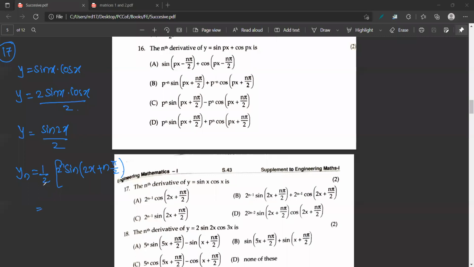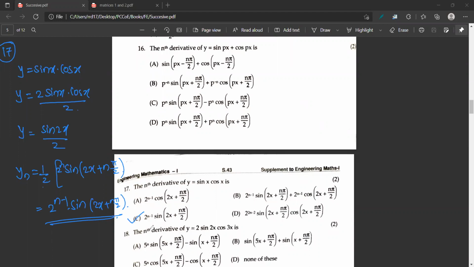So 2 raised to n means there is a 2 in the denominator. So 2 raised to n minus 1 into sine of 2x plus n pi by 2. Understood? Yes, sir. So which answer is correct? Option C. Got it?